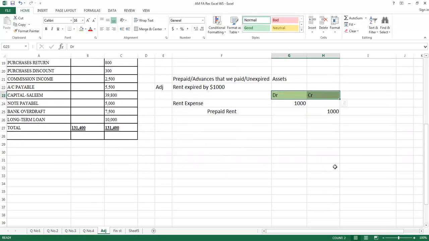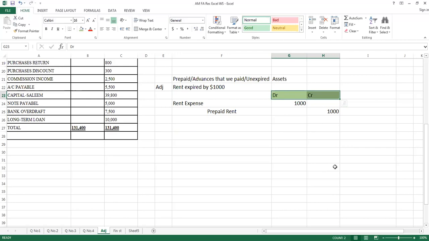So student, remember that when you say that some amount has expired, it means that expense is increasing. So we put expense on the debit side. And when we say that some advance that we paid is now reducing, prepaid should come on the credit side.